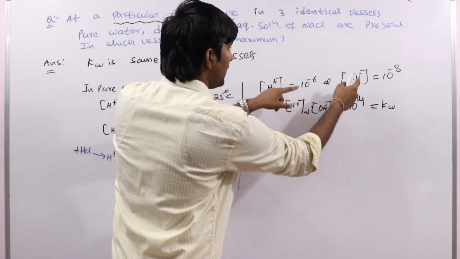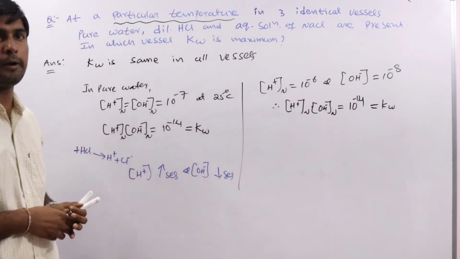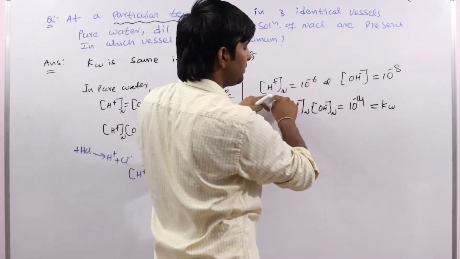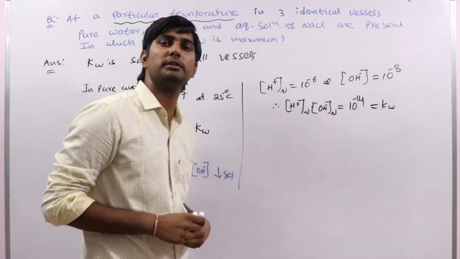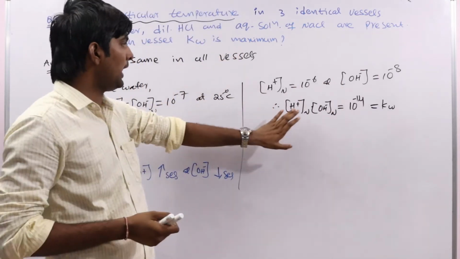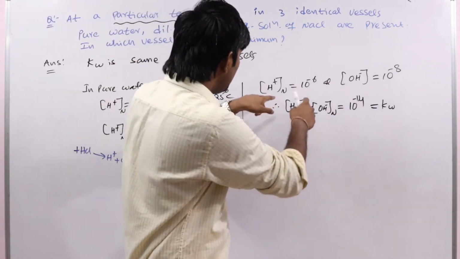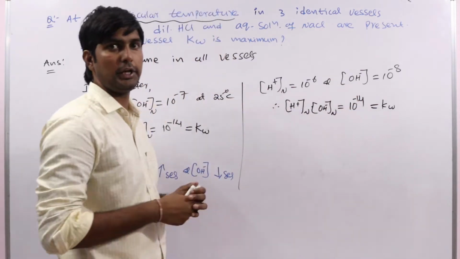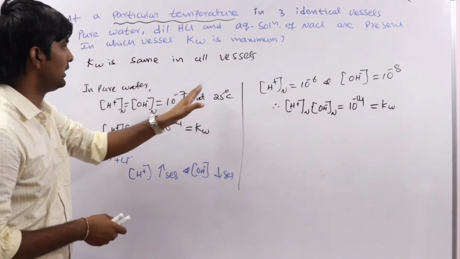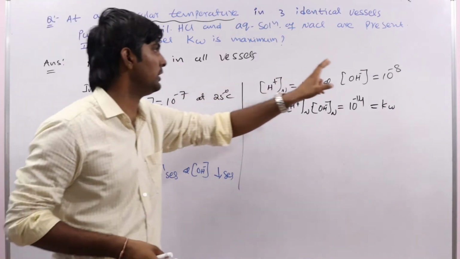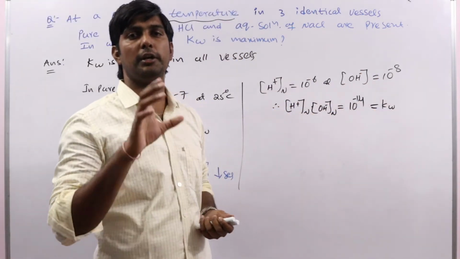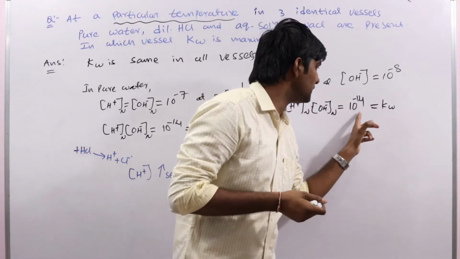Only the individual ion concentrations are changing, yes or no? These are the individual ions present, H plus ions and OH minus ions. When you add acid or base, individual concentrations are changing, 10 power minus 7 to 10 power minus 6, 10 power minus 7 to 10 power minus 8. But the Kw is the same.